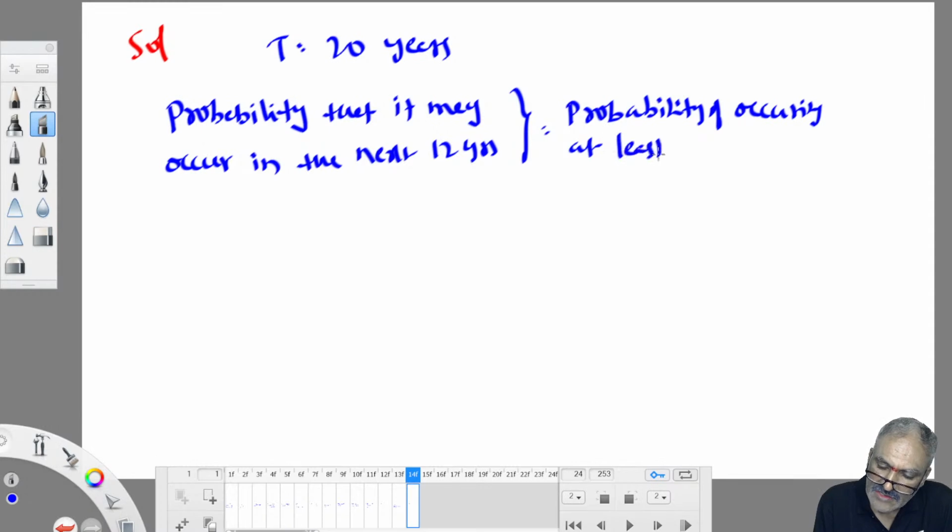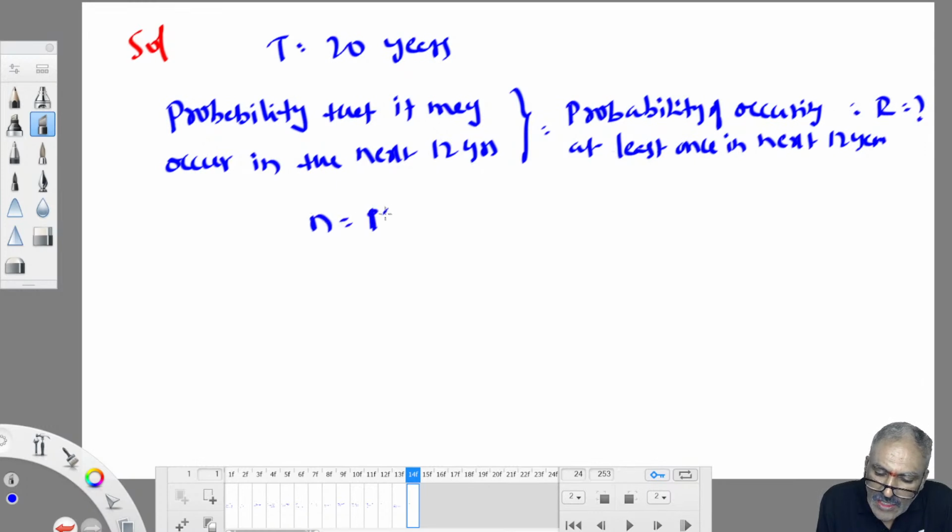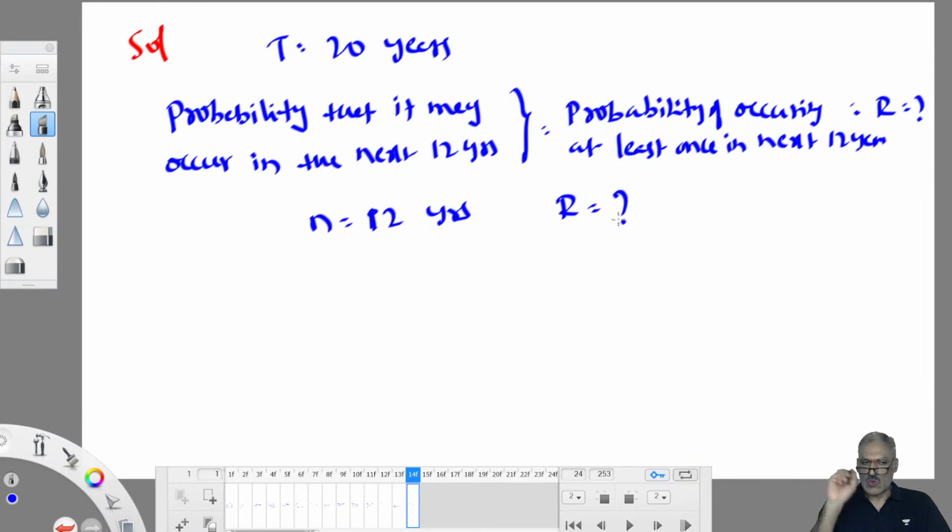At least once in the next 12 years. What is that? R only. So what is n here? Small n is equal to 12 years. Then he is asking what? Risk.